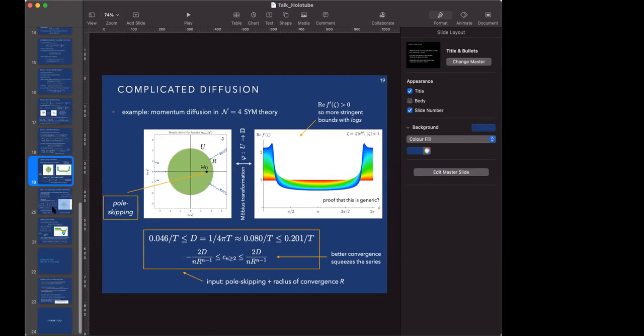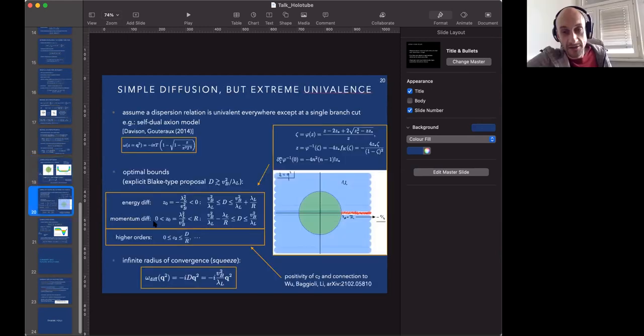So you would still expect all of these arguments to hold. I would. Do you see this thing? Yes. This is the simplest example of univalence. The dispersion relation is by assumption univalent everywhere except at this red cut here, okay? And this happens because the dispersion relation has a finite radius of convergence.